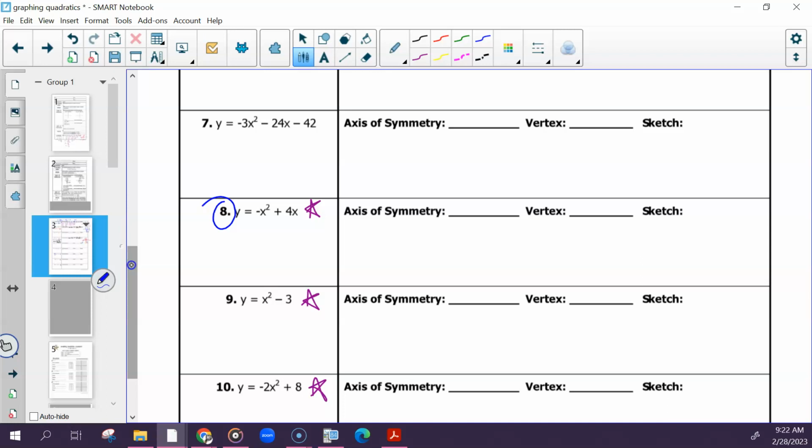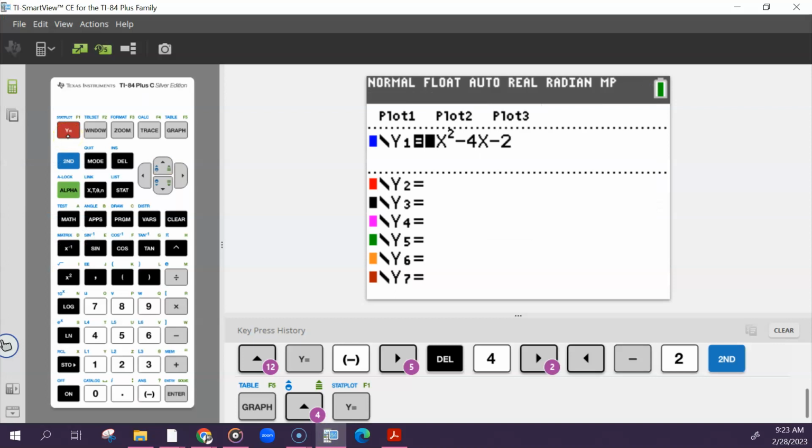Is this going to face up or down? Down, because A is negative. So that's going to be the maximum. Go ahead and put this into your calculator: negative x squared plus 4x.